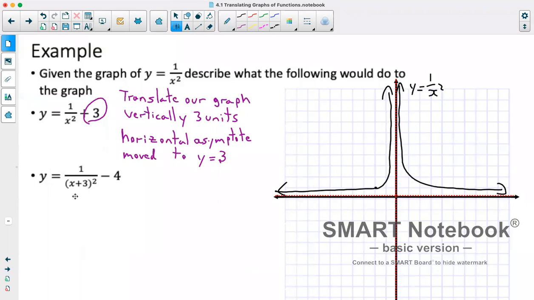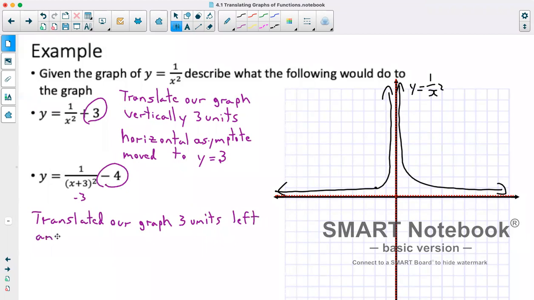Now this one, we have two different things. We've got the x plus 3 down here, which really means we have a negative 3, and then we have this minus 4 here. So we've translated our graph 3 units left and down 4.